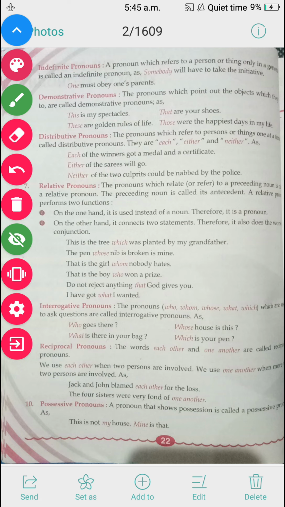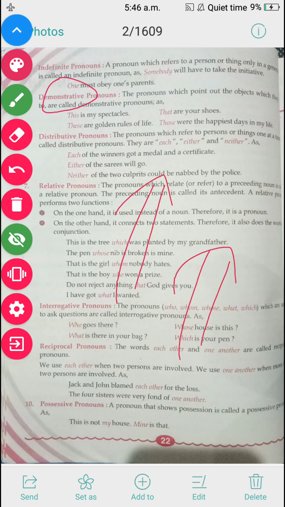Okay, so the second one is demonstrative pronouns. By this we just mark something by speaking, or sometimes we use our finger. That time we say by indicating, these pronouns are called demonstrative, like this, these, that, those.